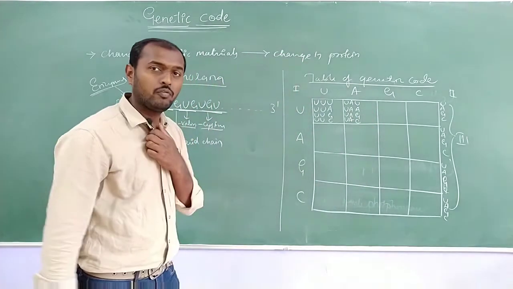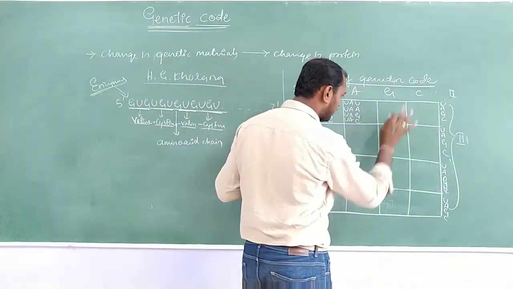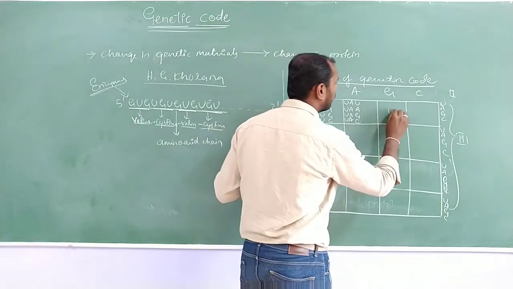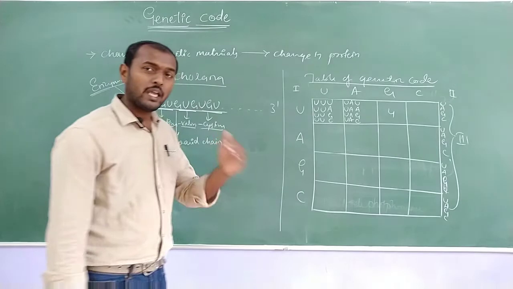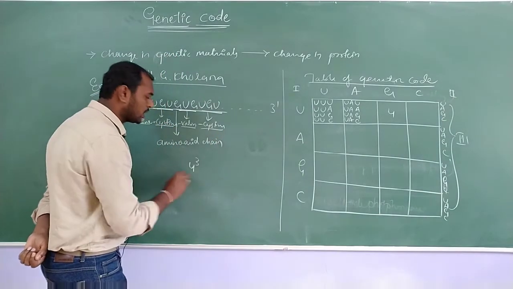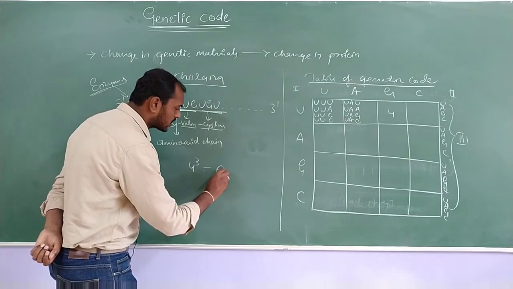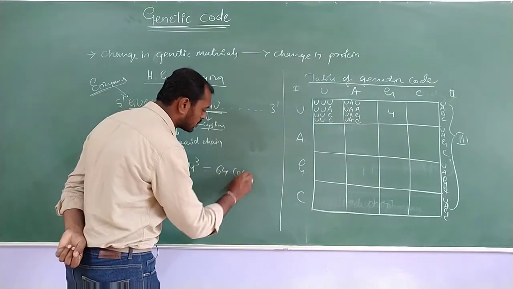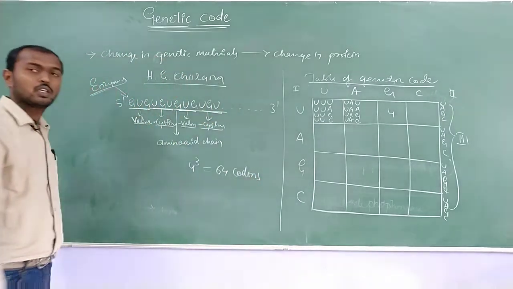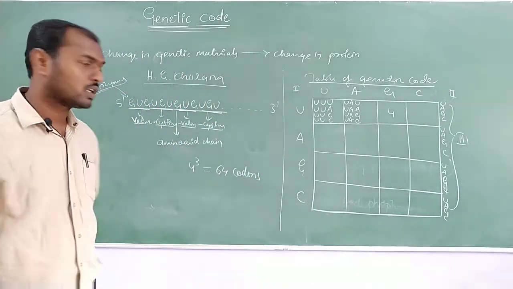So like this, every box is going to get 4 letters. So like this, we are able to generate 4 raised to 3, that is 64 codons. Okay, we are able to produce 64 codons.